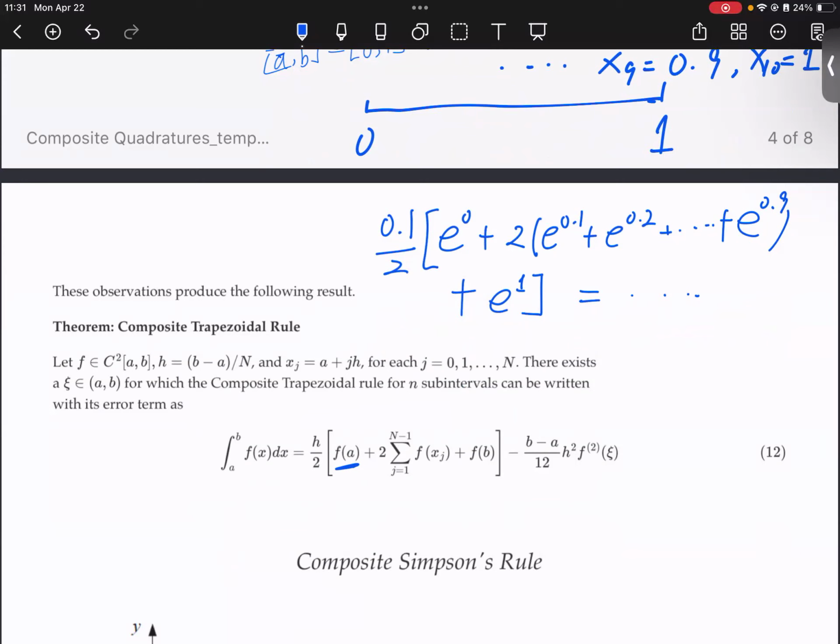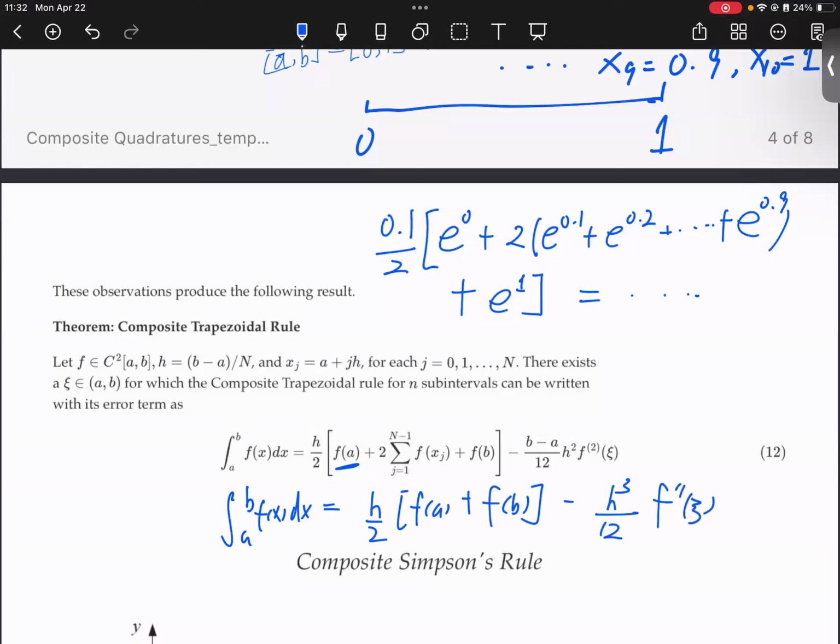So the integral of f(x) dx equals h/2 times f(a) plus f(b), and the error looks like this. Very first, you will see we can change this to some h size, because b minus a divided by n is just the h size.